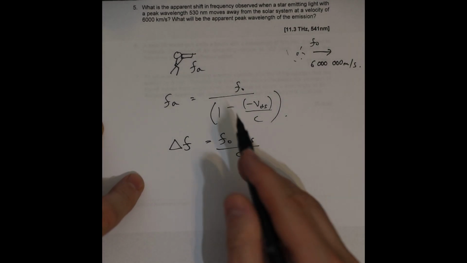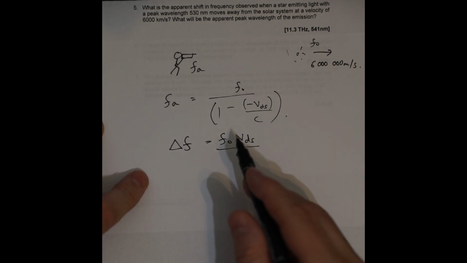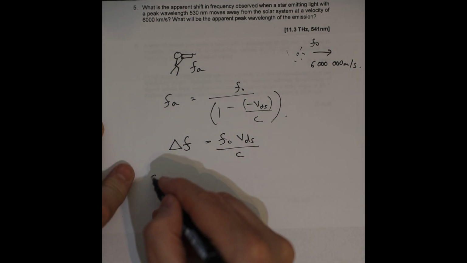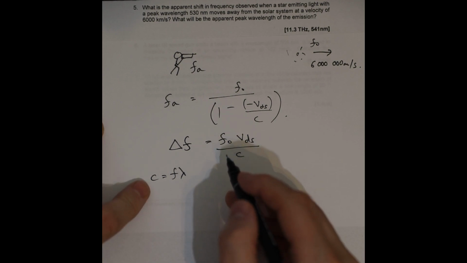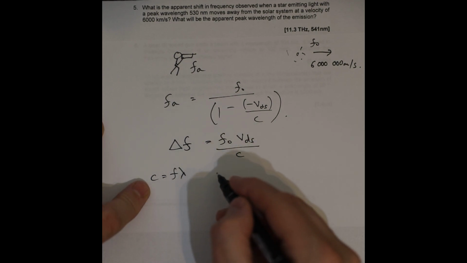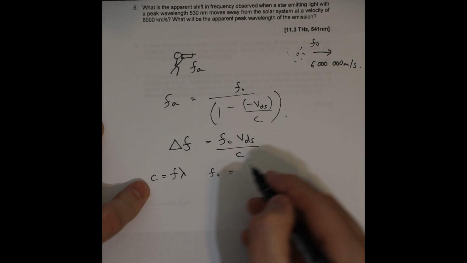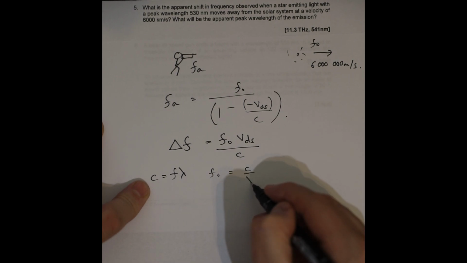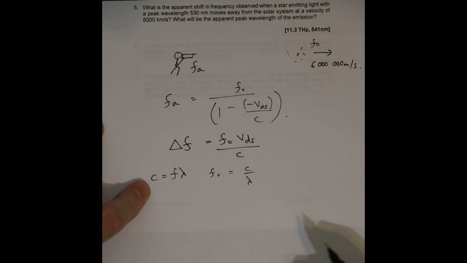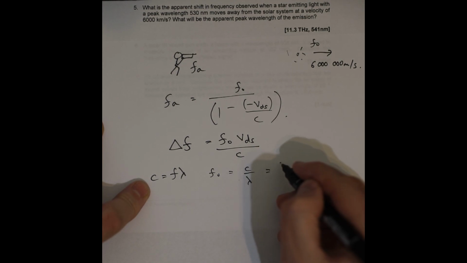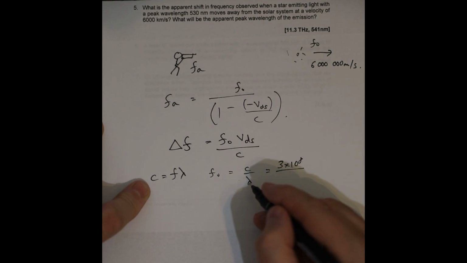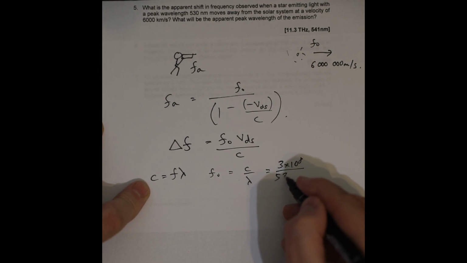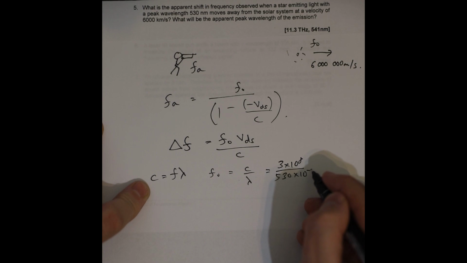So first of all, let's deal with this f0 value. If we know that c is equal to f times lambda, then f0 is going to be equal to c divided by lambda, where lambda is the wavelength we have up here. So it's going to be equal to 3 times 10 to the 8 meters per second, divided by lambda, which is 530 times 10 to the minus 9.